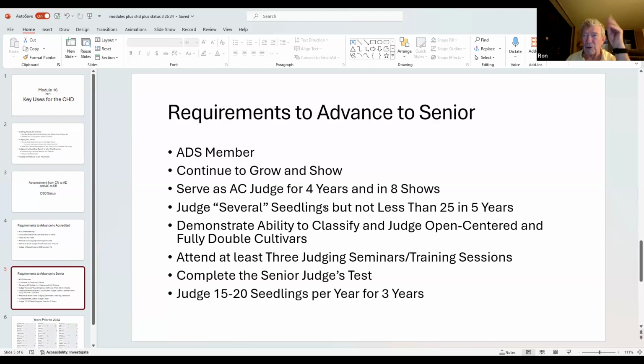One way to encourage that is to grow some seedlings, because it helps you to look at your seedlings with some objectivity. You need to demonstrate your ability to classify and judge open-centered and fully double cultivars, and it says to a team of senior judges.